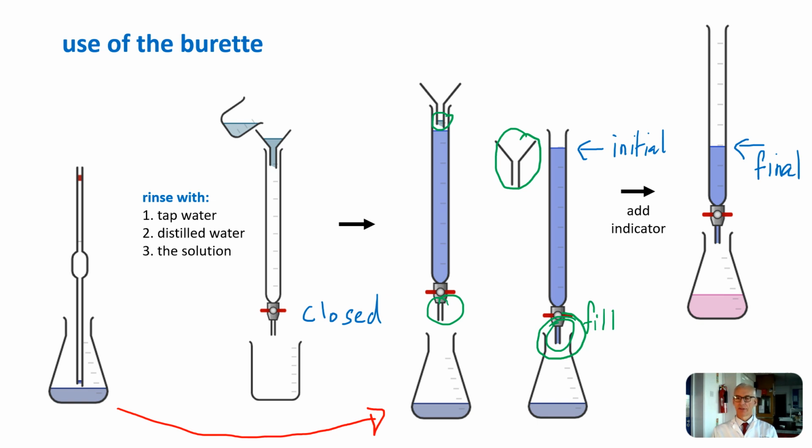So the volume delivered by the burette is the difference between the initial and the final, and that is called the titer.